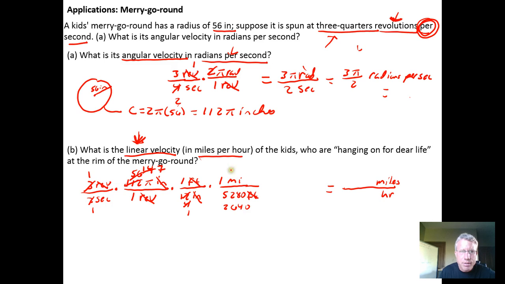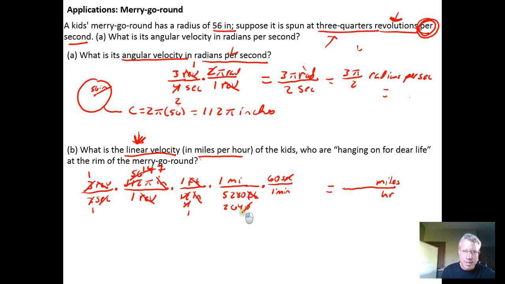Miles per second, and then times. Now I need to get seconds converted into hours. So I know that there are 60 seconds per 1 minute. So seconds divided by seconds cancel, leaves me with miles per minute.